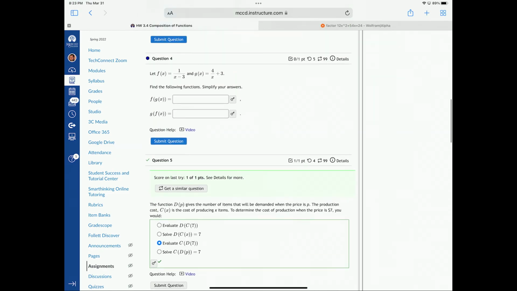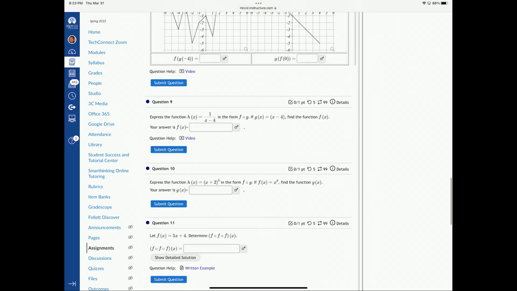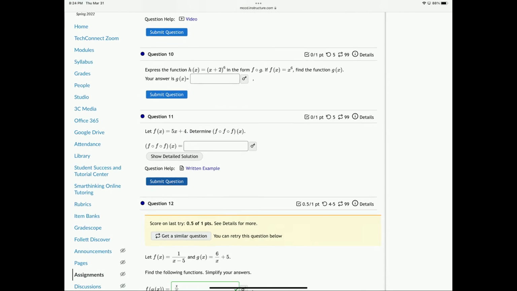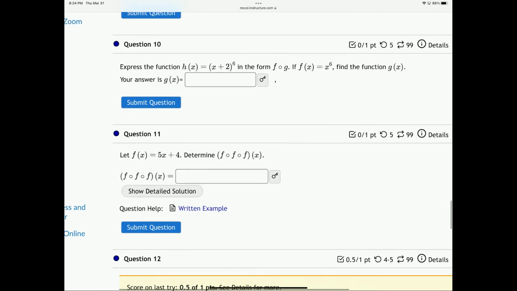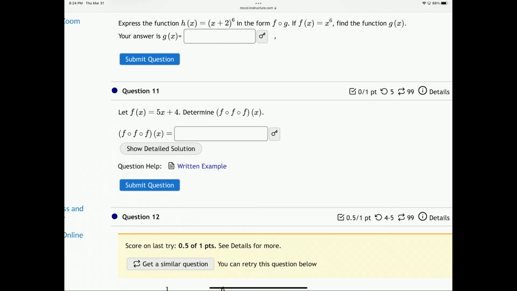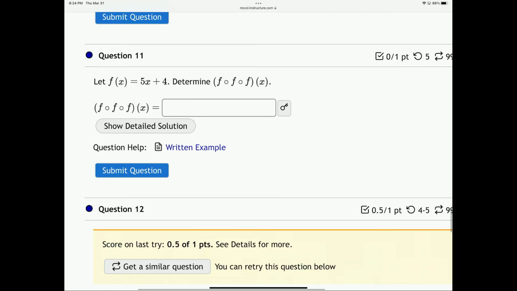No, of course not. Now I can scroll. Okay. A lot of these look okay. So there are two types of problems we haven't looked at, these 10 and 11 here. Let's look at 11, because 11 looks like something that I kind of talked about.